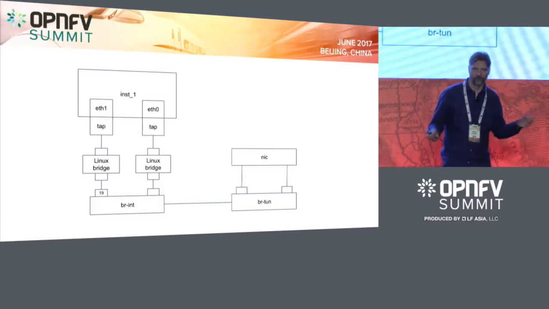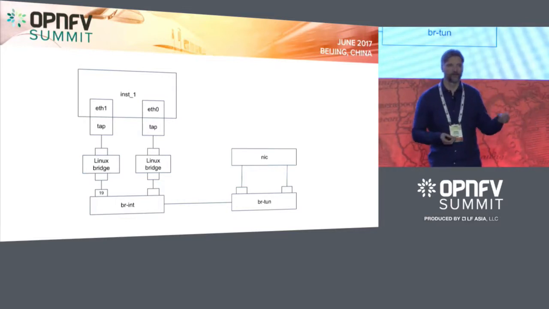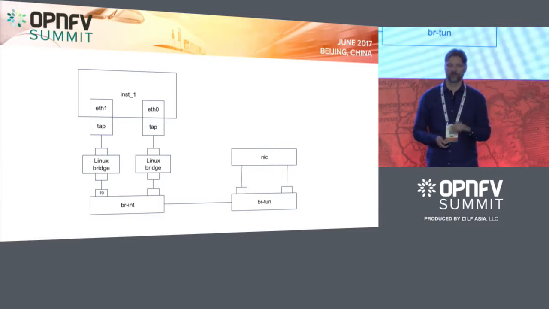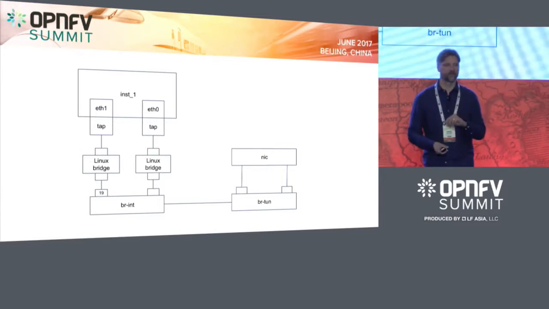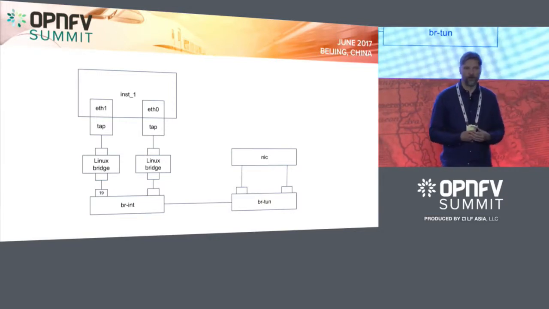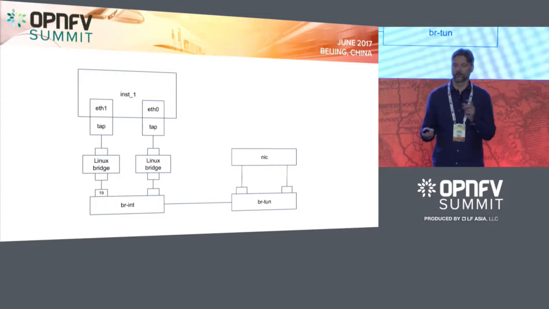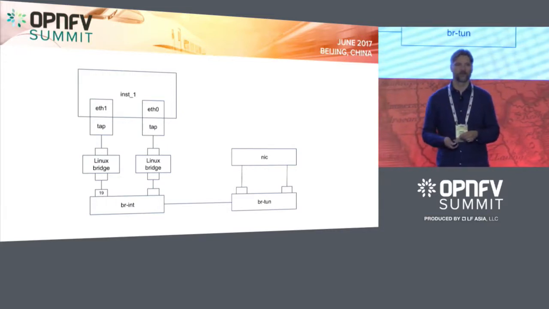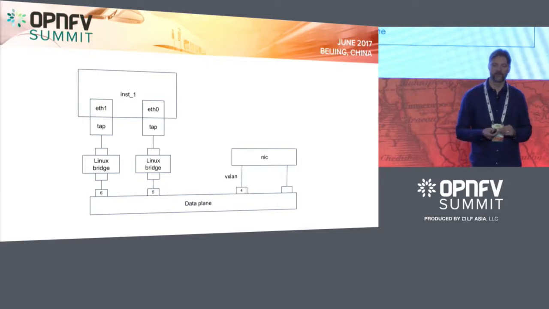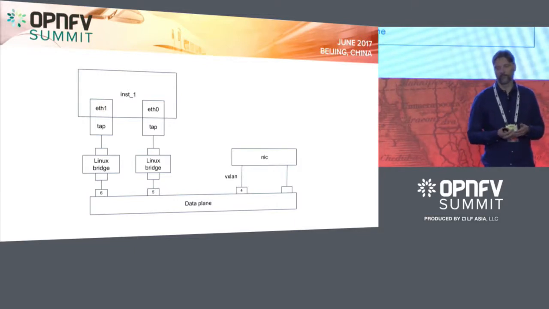I got tired of drawing this diagram, so I just took half of it. The Ethernet interface inside of the virtual machine is connected to a tap interface, which is connected to a Linux bridge. The other end of the Linux bridge is connected to br-int, which is then connected to br-ton, and that's connected to the NIC.